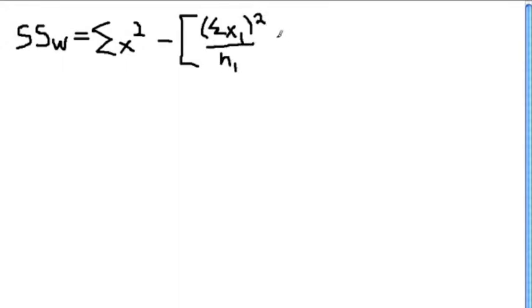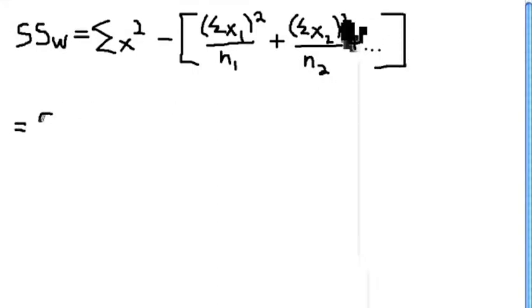So now we have to do sums of squares within, which is going to be the sum of x squared minus that whole big quantity we did before. So the sum of x1 squared over n plus the sum of x2 squared over n, all the way out till we get to the number of groups we have, which is 7.